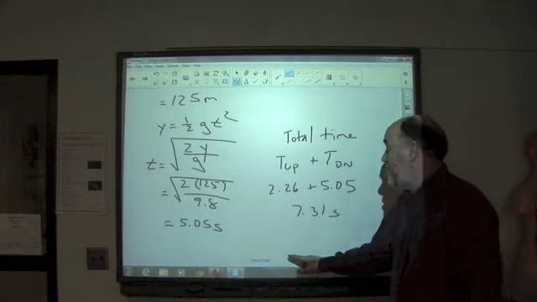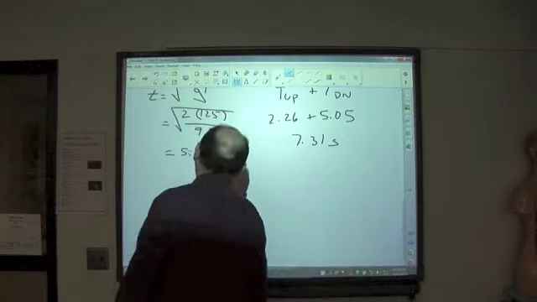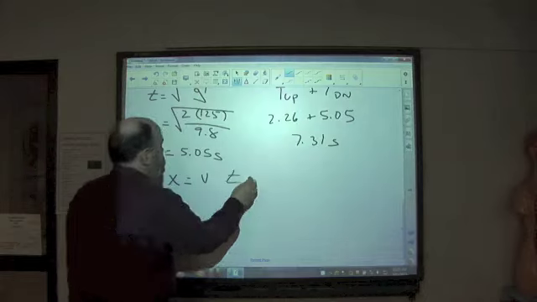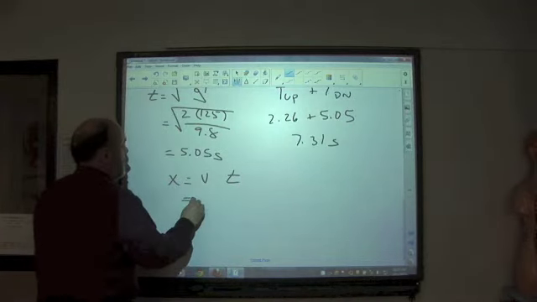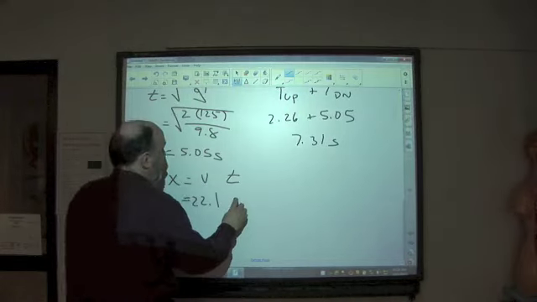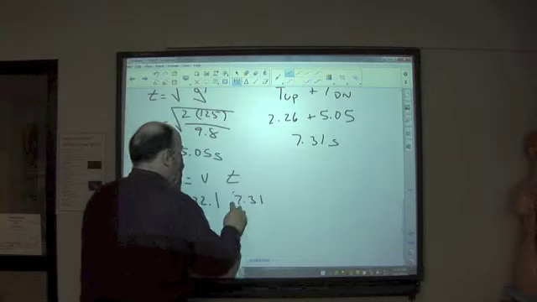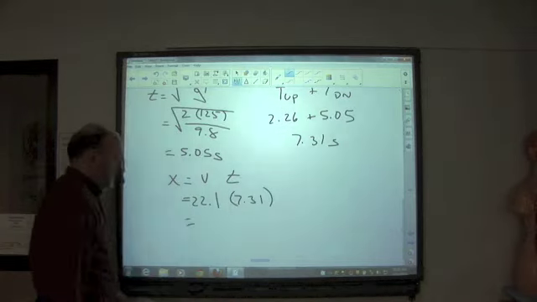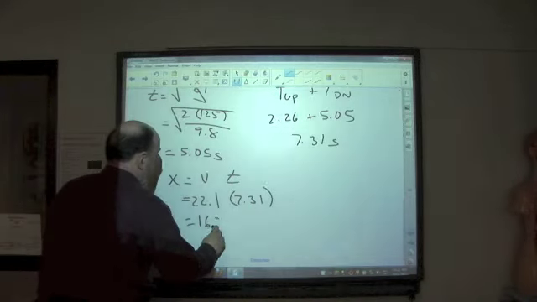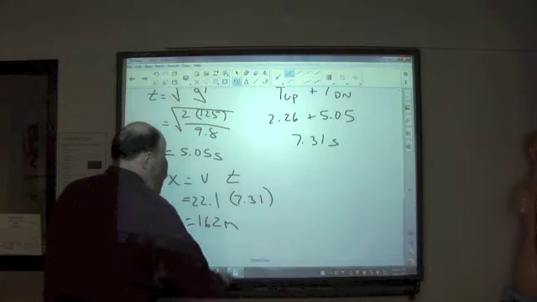Now where does it hit? That will be given by x, which is the velocity times the time. The x velocity was 22.1 meters per second, and it's in the air for 7.31 seconds. So the projectile will land 162 meters away.